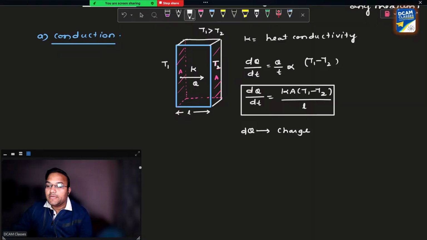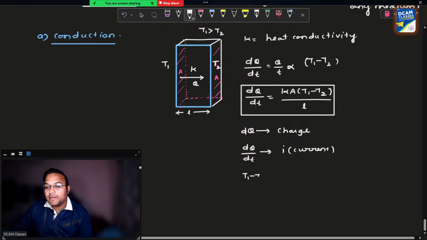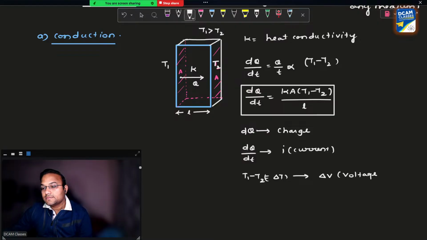So dQ by dt will be current. And this temperature difference T1 minus T2, delta T, is treated as delta V, voltage difference, when I'm comparing this with current electricity.